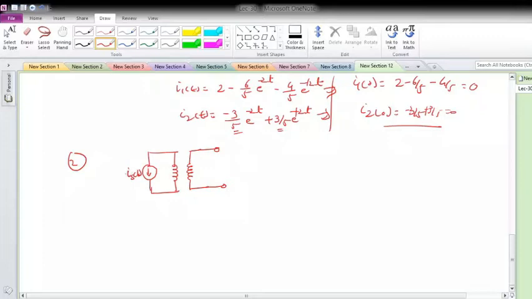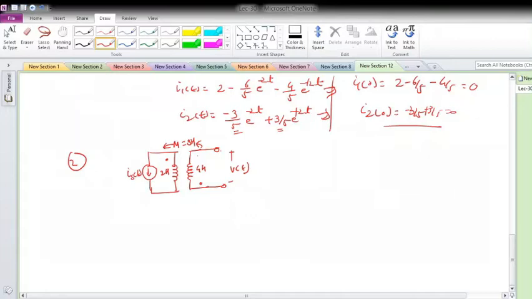Then say these are my dots, now opposite dots here. Say this is 2 Henry, this is 4 Henry, and suppose mutual inductance is 3 Henry. And this is my V(t), and suppose the secondary is open.